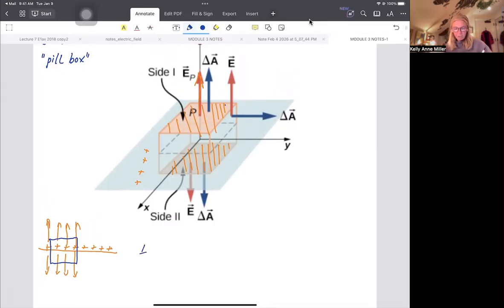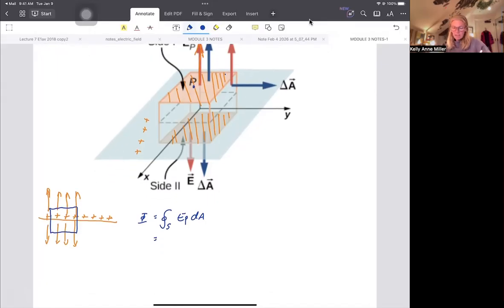If we write out an expression for electric flux, going back to the surface integral, it's the electric field at some point P that I'm interested in times the area: the electric field times A of the top, plus the electric field times the area of the bottom, plus 0 plus 0 plus 0 plus 0, where these are the four sides of the pillbox.